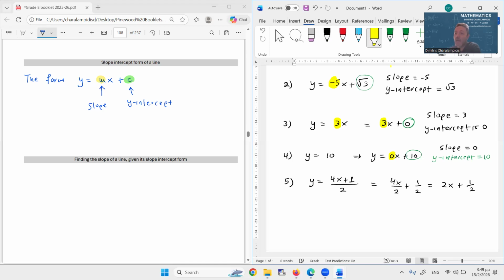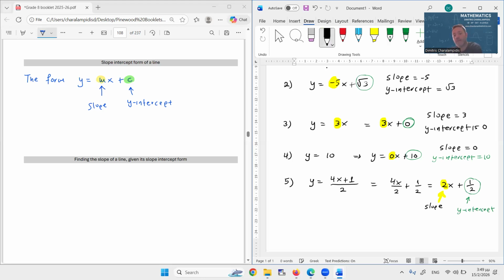Now, however, I managed to re-express it in slope-intercept form, which means that now we have the slope being number 2. This is the slope. And then we have the y-intercept being 1/2.